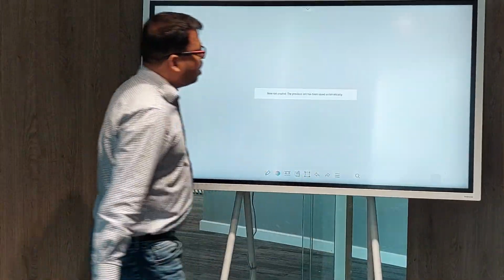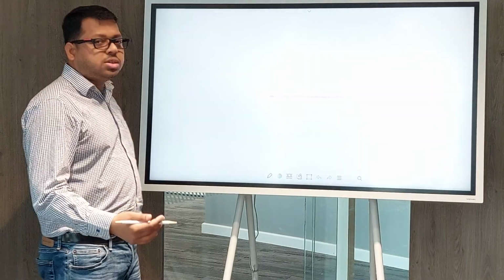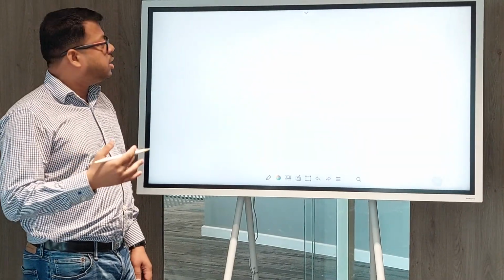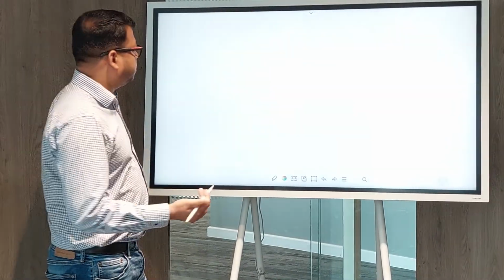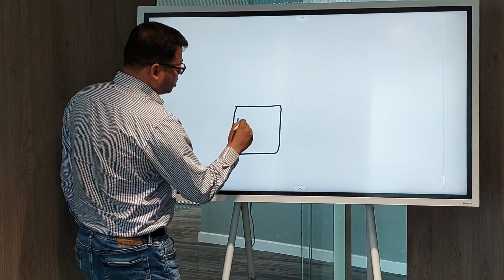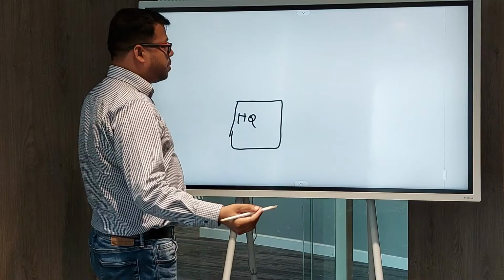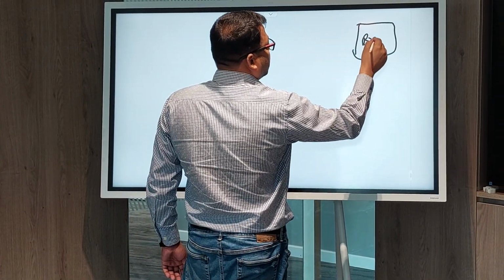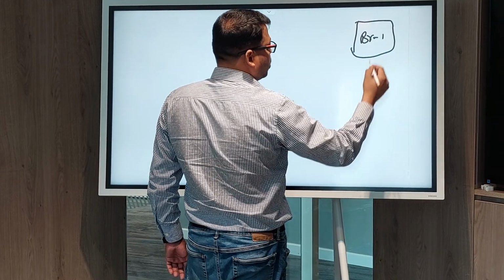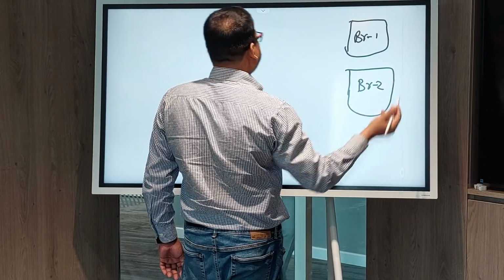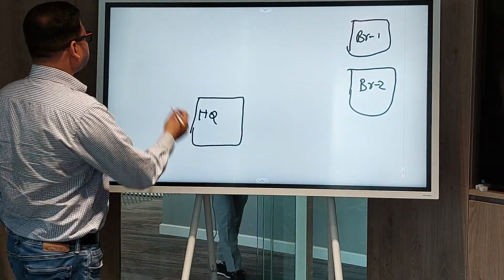Now, let's see what is the advantage or what is the problems it is resolving, the Prisma Access. Let's consider a traditional network architecture of a corporate. So there will be an HQ, headquarters, then there will be branches in multiple locations. Branch 1 in US, branch 2 maybe in UK, and branch 3 some other locations.